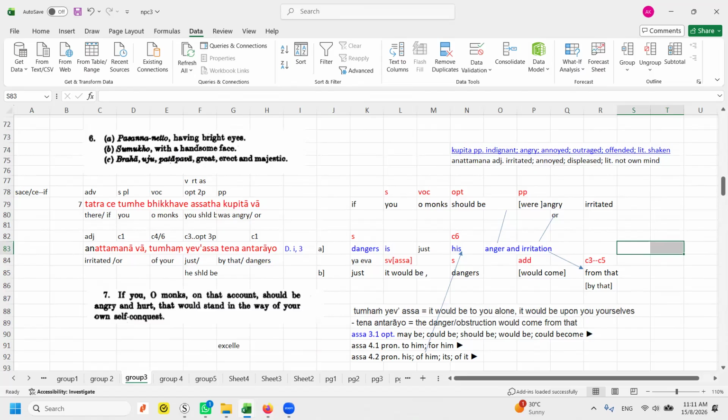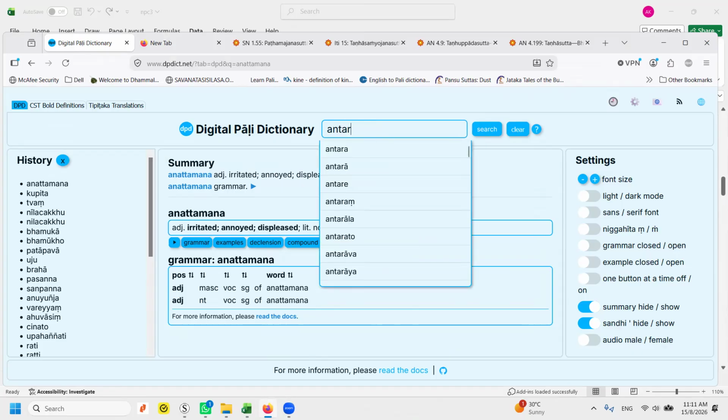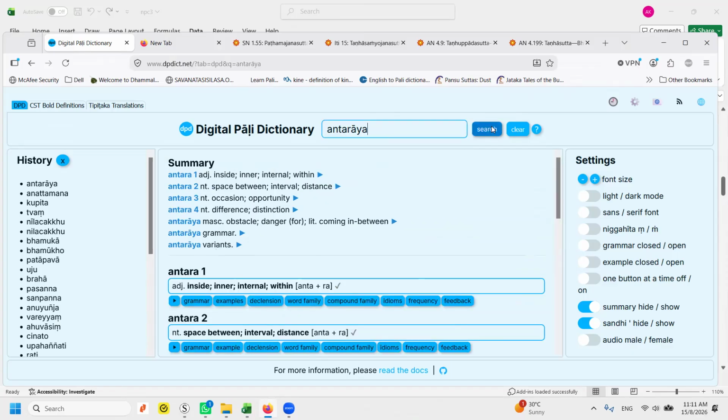In this case, the word antarayo, you have to look carefully. This is the one: antaraya, masculine noun, obstacle or danger.